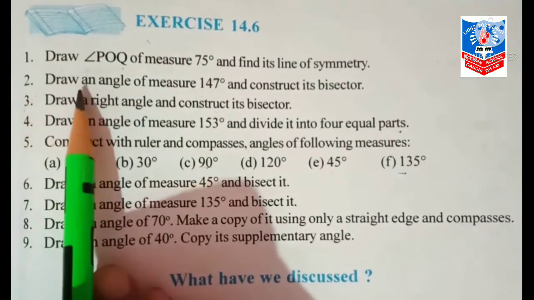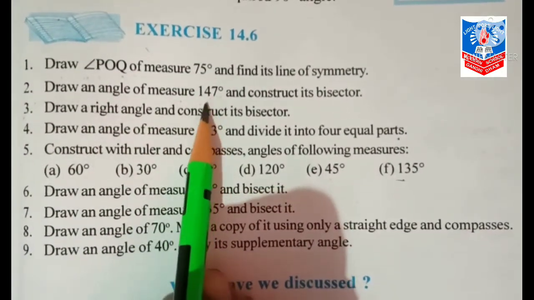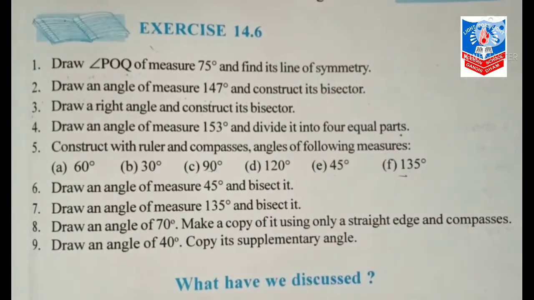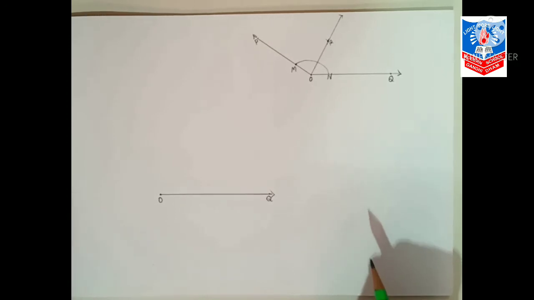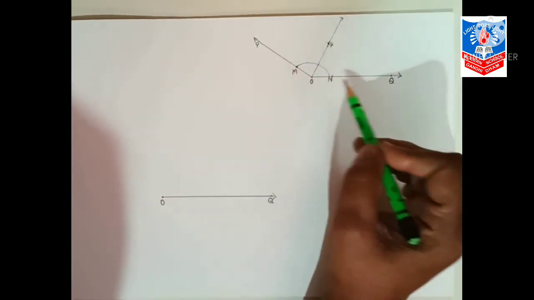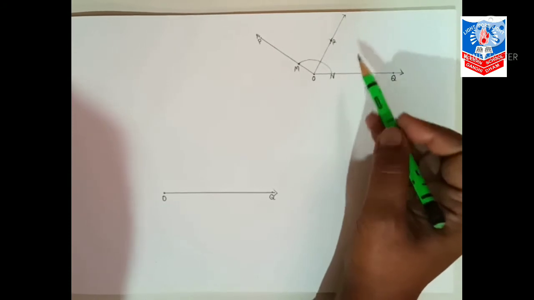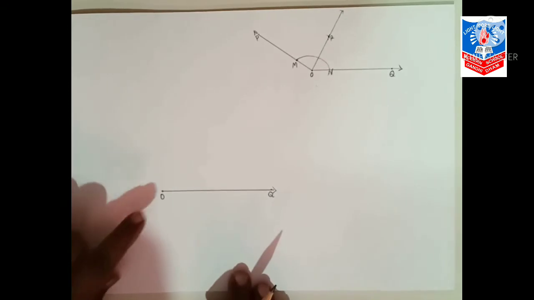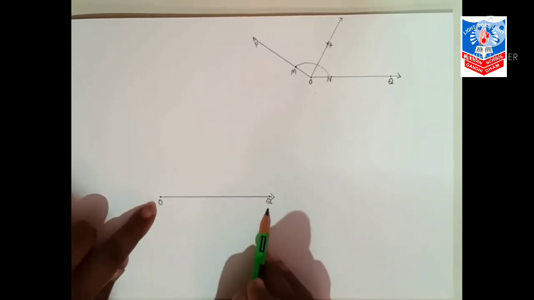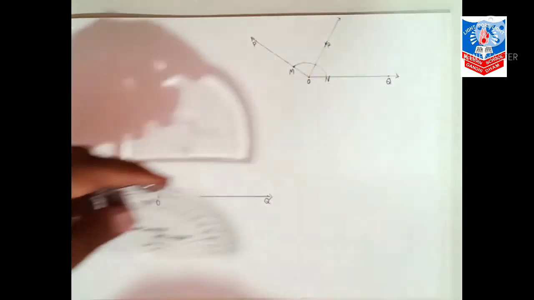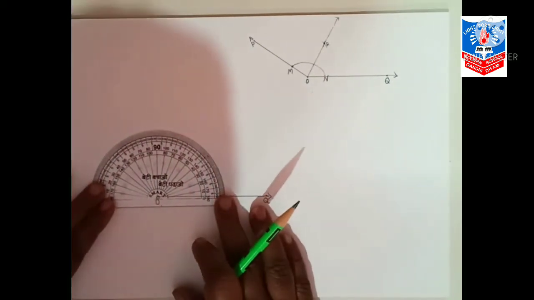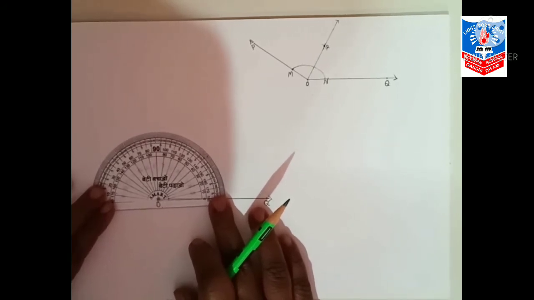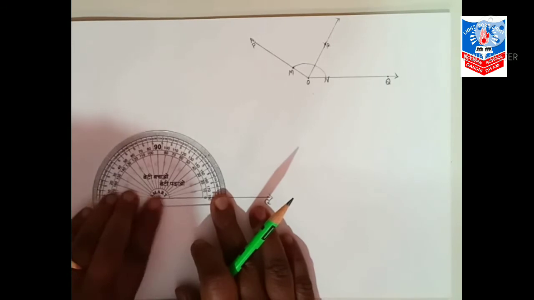Question number 2. Draw an angle of measure 147 degrees and construct its bisector. In this question, we have to draw an angle of 147 degrees and then bisect it. Now see, first we will draw a ray OQ. Now with the help of the protractor, you will keep the center point here, like this way.